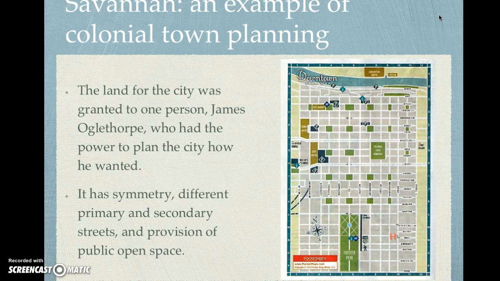These are all the green squares, the green rectangles, this big Forsyth Park down at the bottom. He wanted to make sure that there was park space in it. So this map of downtown Savannah is an example of what colonial town planning looks like, of what the colonial towns looked like.